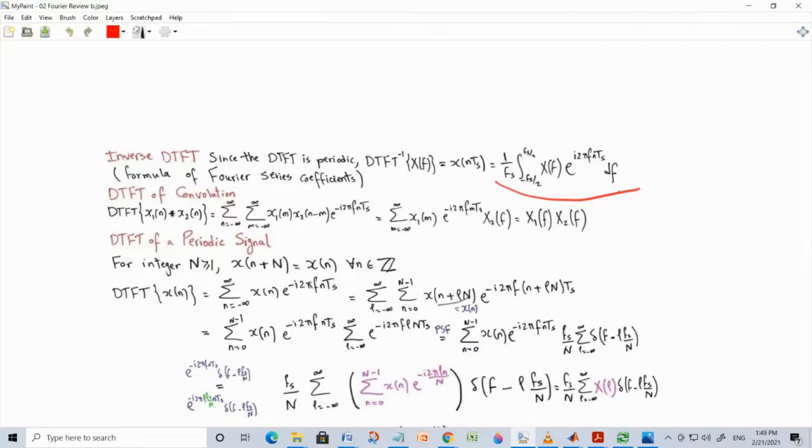If you do rigorous proofs for the Fourier series, the DTFT becomes a matter of applying those formulas once they are valid. Again, we can exploit this important fact that DTFTs are periodic. Or you can just take that this is the formula for the inverse DTFT.